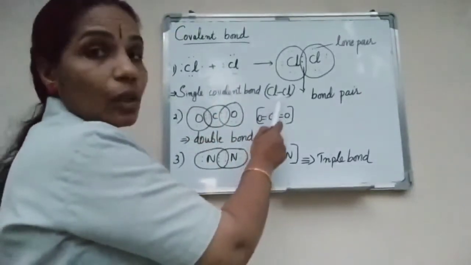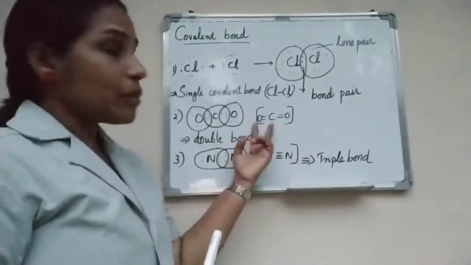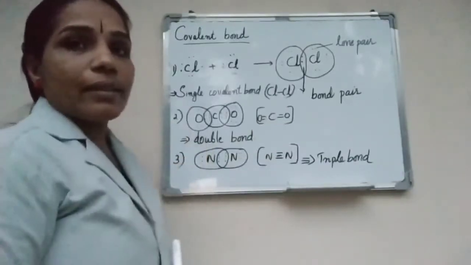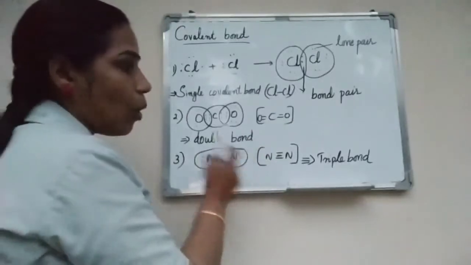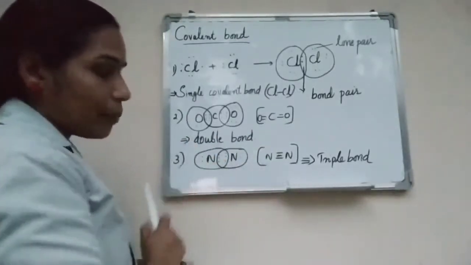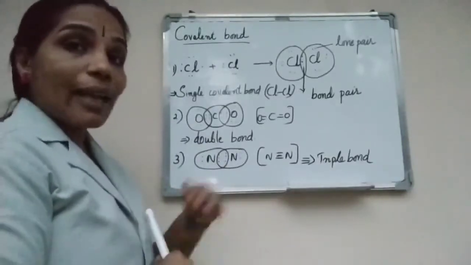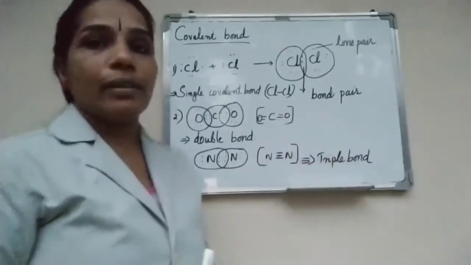Example, in chlorine molecule. Then, if two atoms share 2 pairs of electrons, then the covalent bond is called a double bond. If two atoms share 3 pairs of electrons, then that covalent bond is called a triple bond.